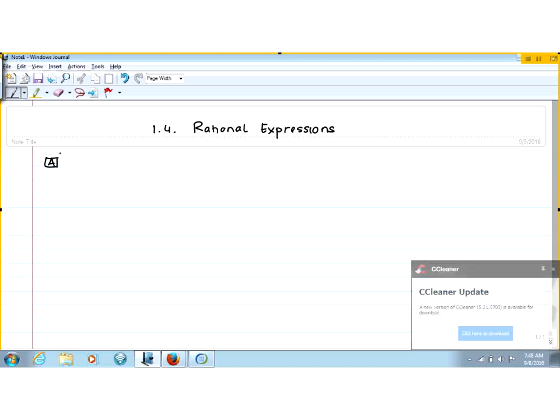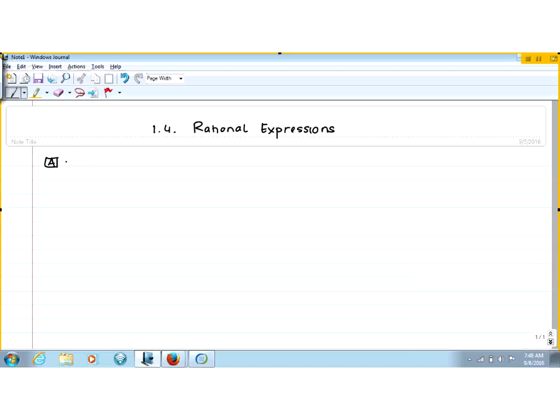We will multiply and divide rational expressions.